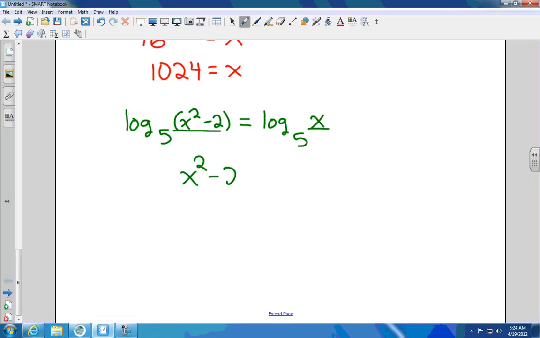So x squared minus 2 equals x. We just got to solve for x. What do we need to do? You could do that if you didn't have that other x in there. Move the x over.